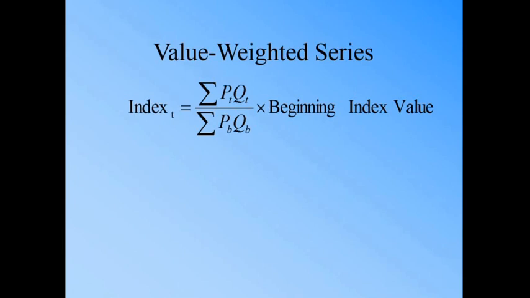How is the value weighted index actually calculated? We calculate the current market value of the companies included in the index, that is, the price per share into the number of shares outstanding of each company, and then we sum all the values.